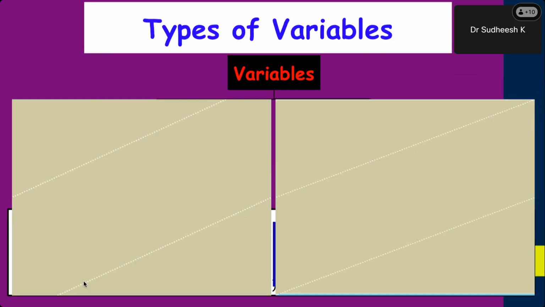Now, one of the most elementary things you should understand is the types of variables you collect. You collect multiple types of variables. It might be gender distribution, it might be incidence of PONV, it might be binary variables such as PONV, yes or no. It might be grading of your ASA, like ASA 1, 2, 3, 4. Likewise, there are so many kinds of data which you collect during the course of your study.